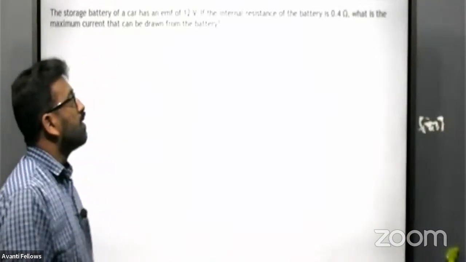The storage battery of a car has an EMF of 12 volt. The internal resistance of the battery is 0.4 ohm. What is the maximum current that can be drawn from the battery? You have to solve this question and post your answer in the chat box. Come on, quick.